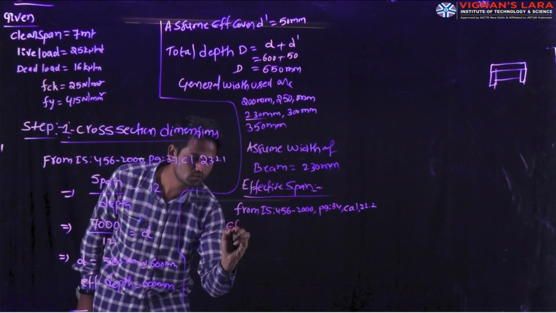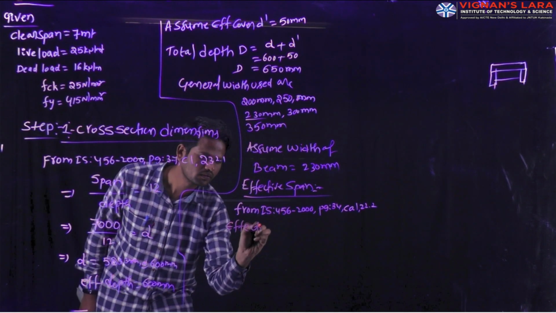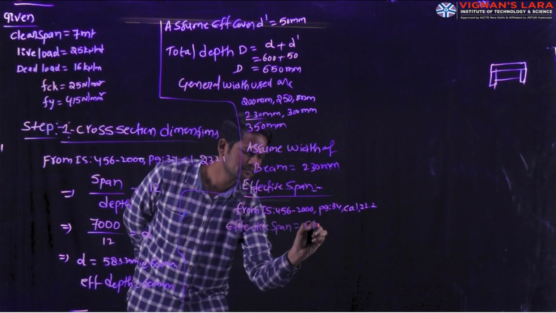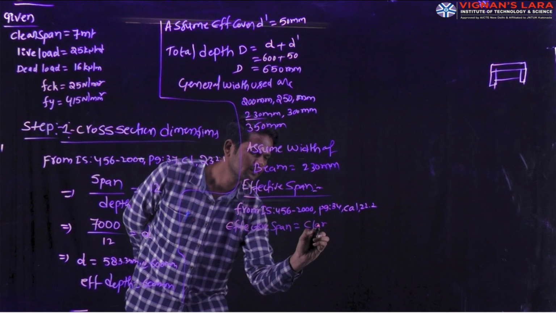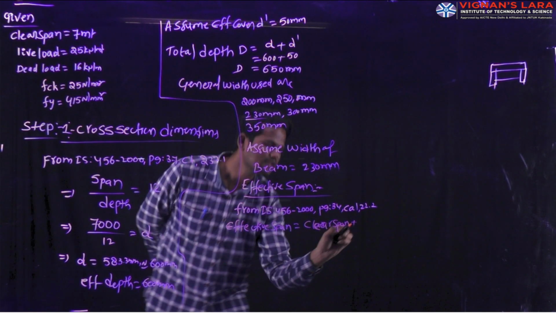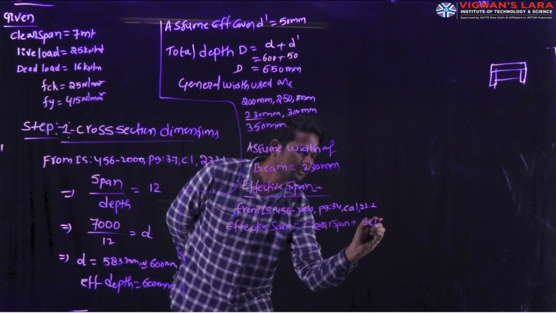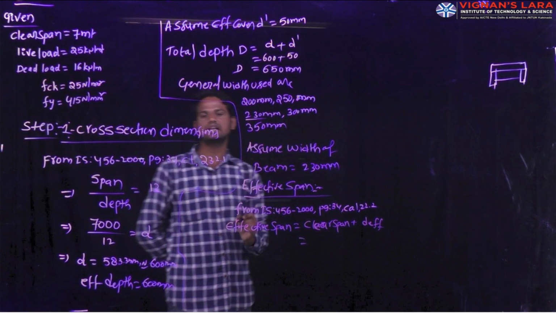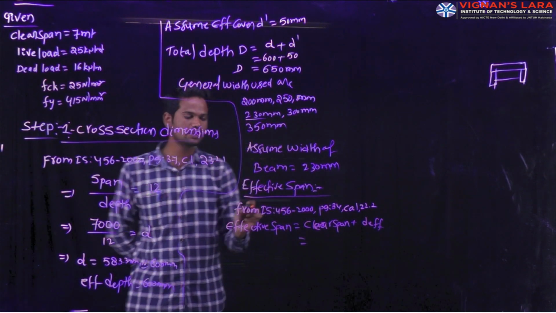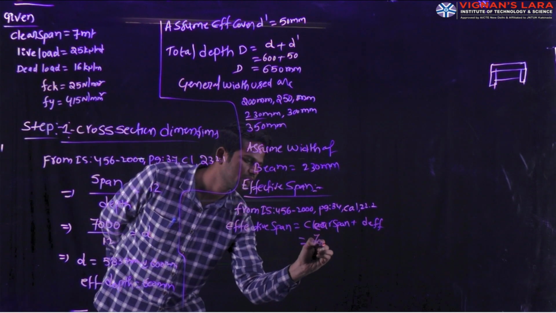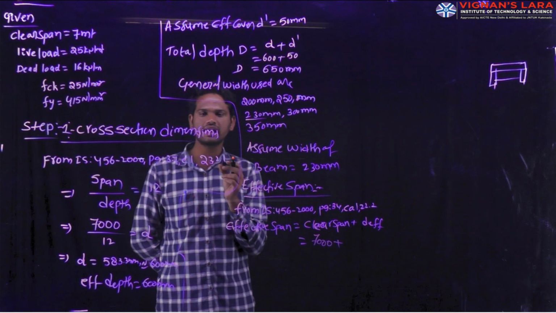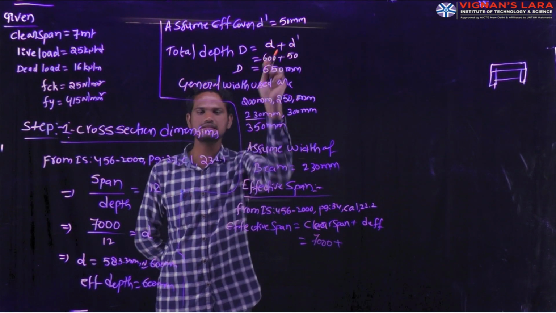Effective span equals clear span plus effective depth, or d effective. The clear span is given in the problem itself as 7 meters, or 7000 mm, and we calculated the effective depth of the beam as 600 mm.